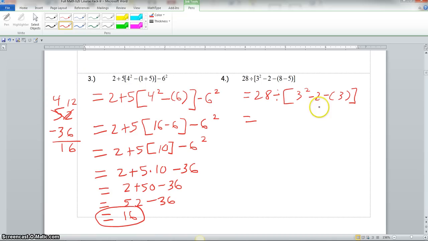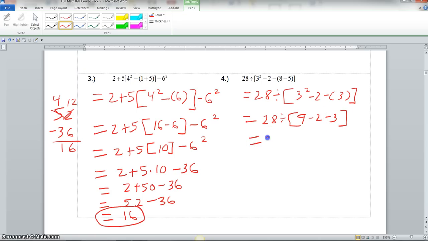Now, we still go inside this bracket. We have an exponent minus a minus, and this parenthesis here we can't do anything with. So we would do the exponent. 3 to the second power is 9 minus 2 minus 3, because we don't need that parenthesis.